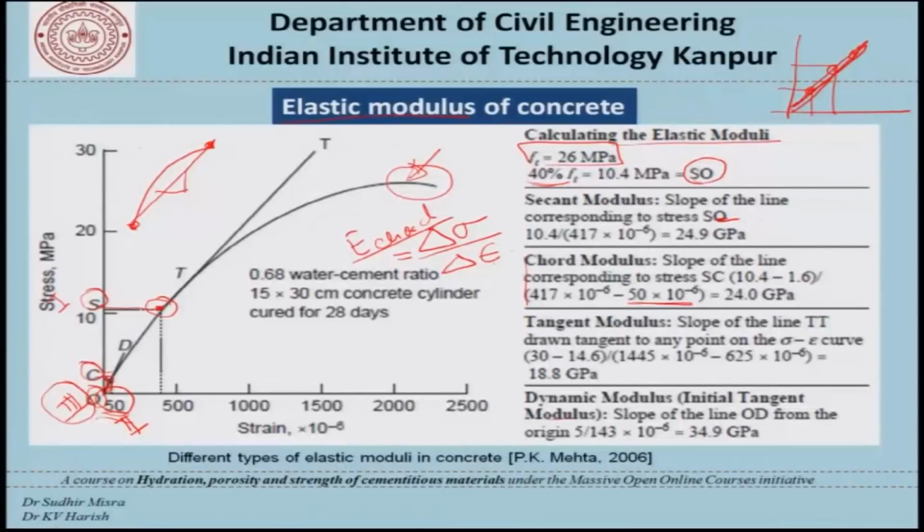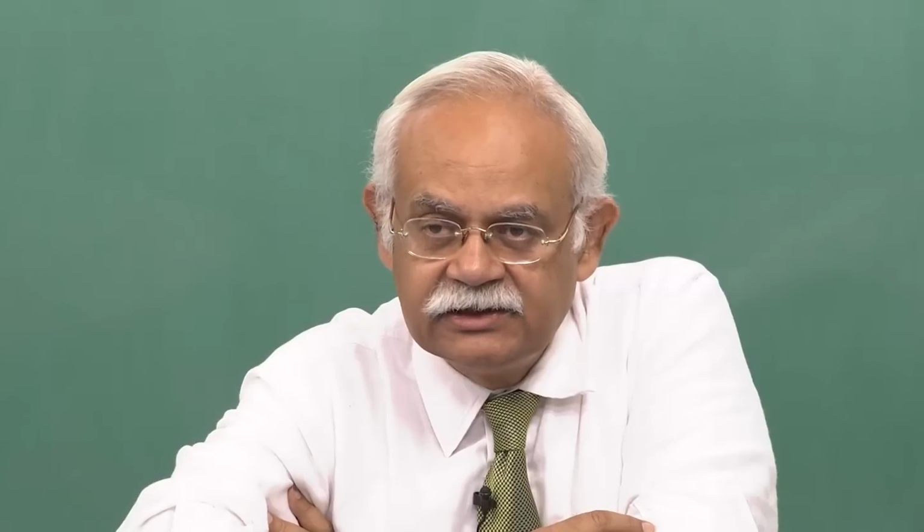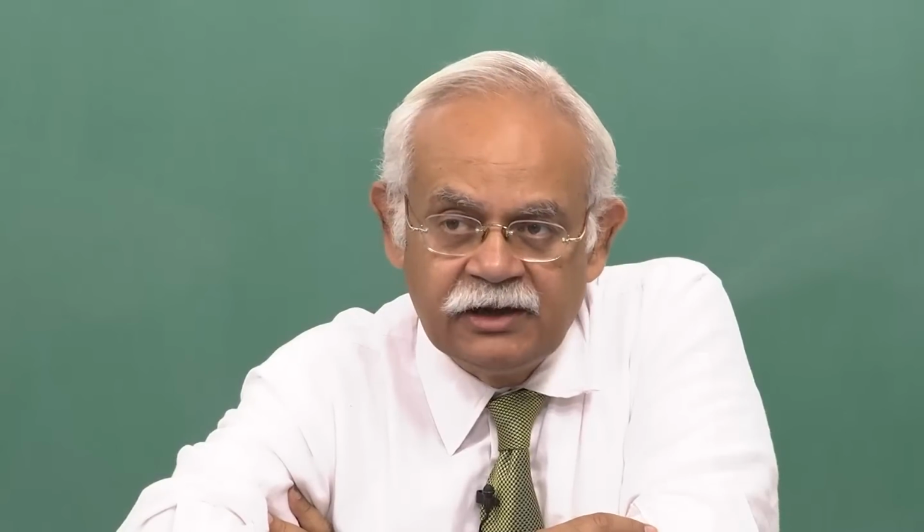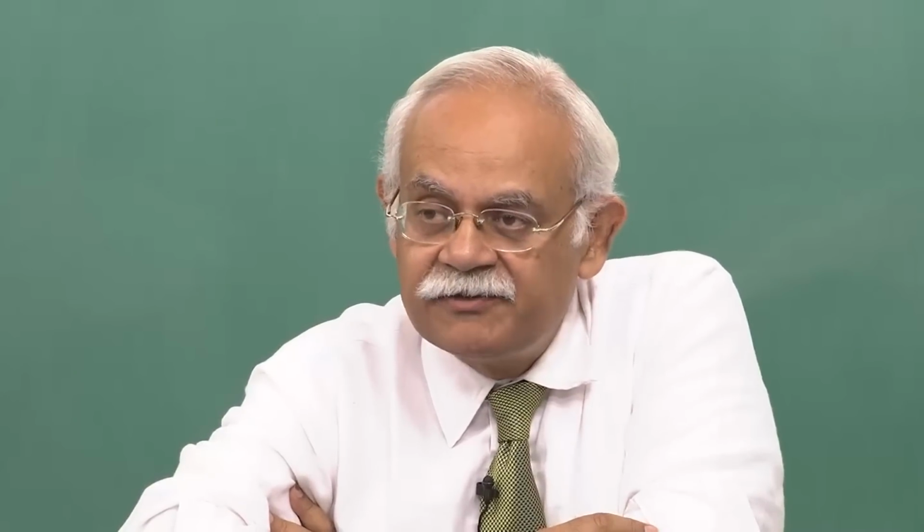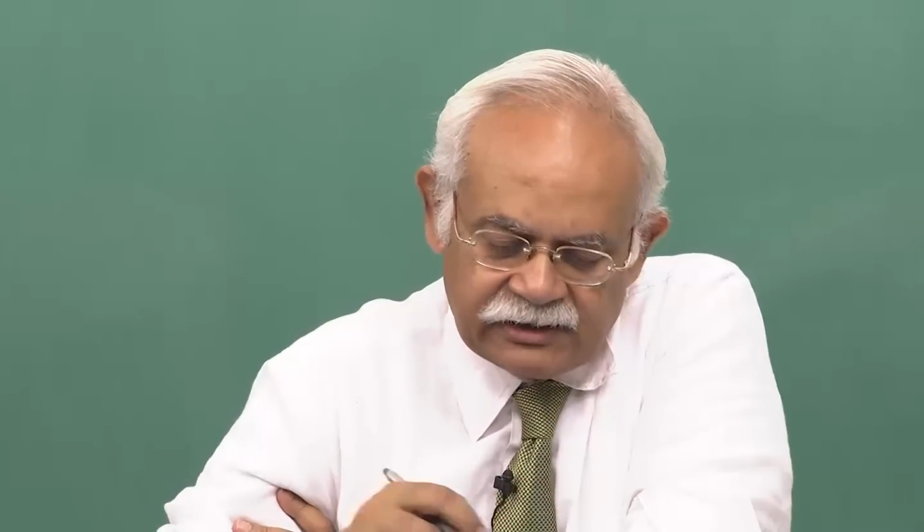Coming to the tangent modulus, by definition the modulus of elasticity of a material is the tangent of the stress strain curve, and as we can see in this nonlinear stress strain curve for concrete, the value of the tangent changes depending on the stress level. It is something here, it is something else here.